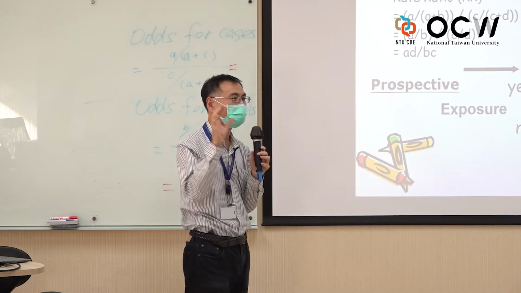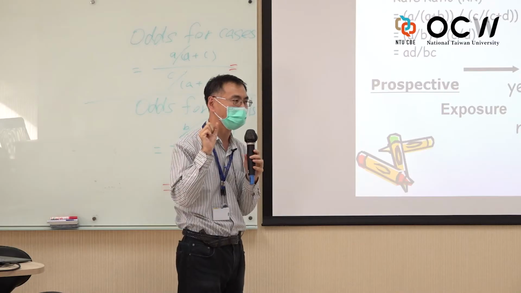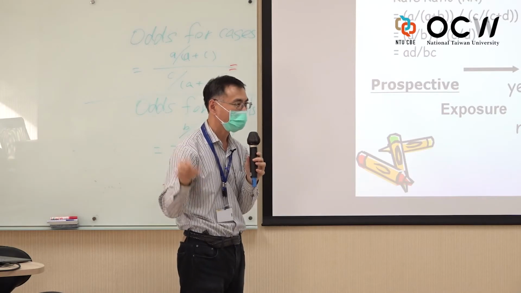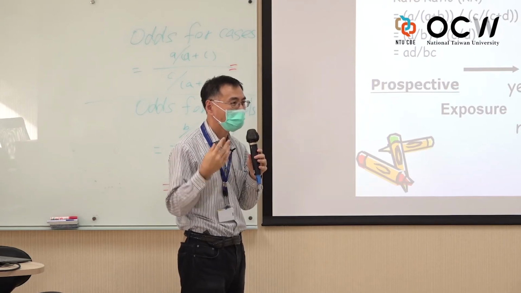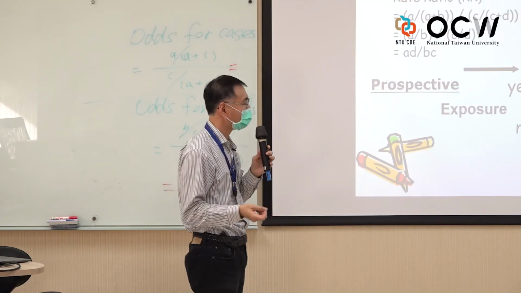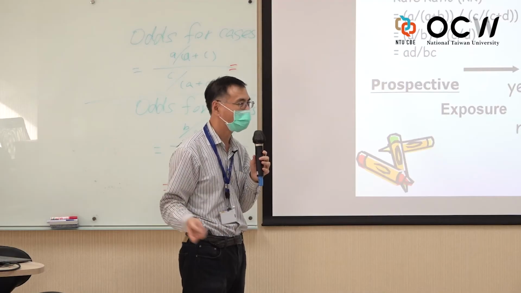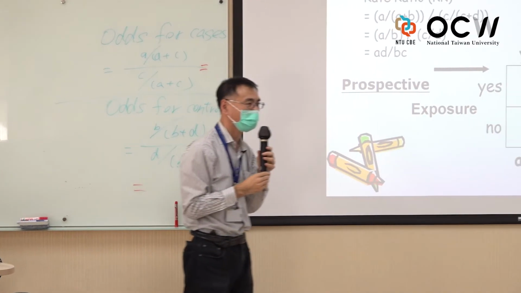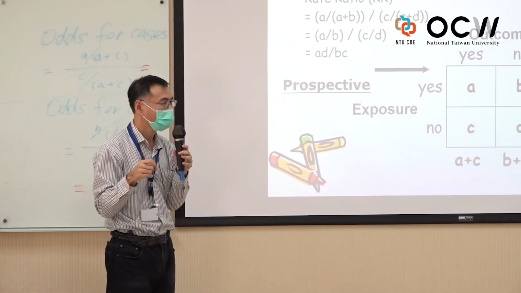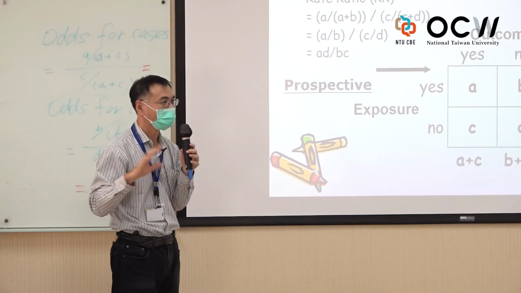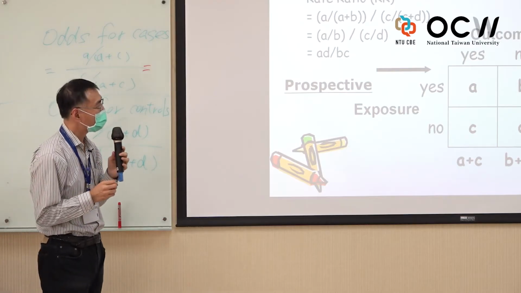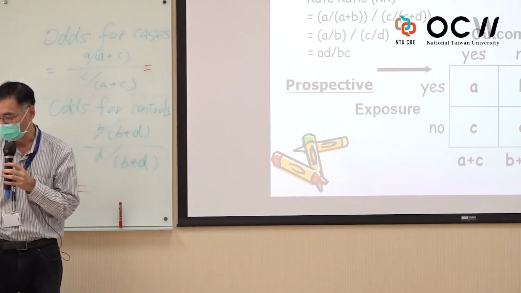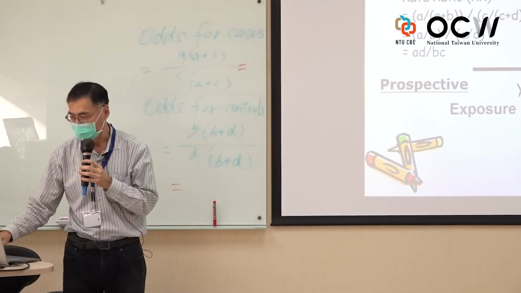In other words, we try to identify a group of people with a specific disease compared to another group of people without the disease, and then ask them or check something in their blood, questionnaire or records about their exposure status before the onset of the disease, or the time point of the interview for those without the disease. We could use something called the odds ratio to estimate their relative risk.